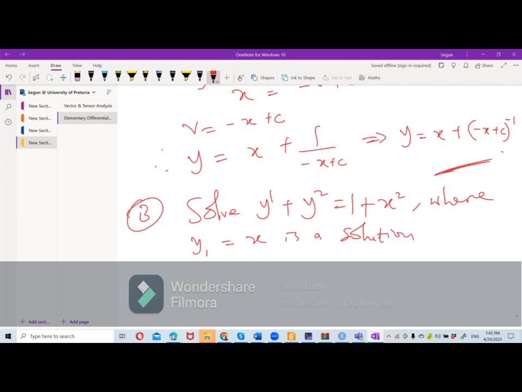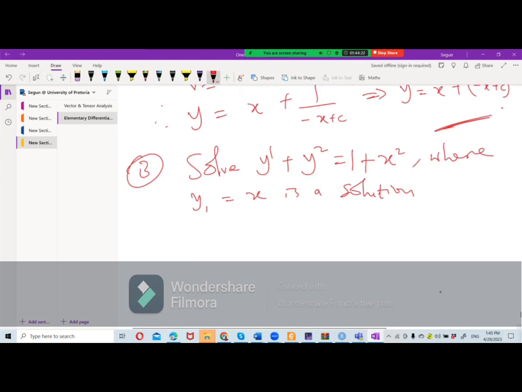So when you say y equals x is a solution, we can actually write it out by saying y prime plus y squared equals 1 plus x squared. I can rewrite this one by saying y prime is equal to minus y squared plus 1 plus x squared.